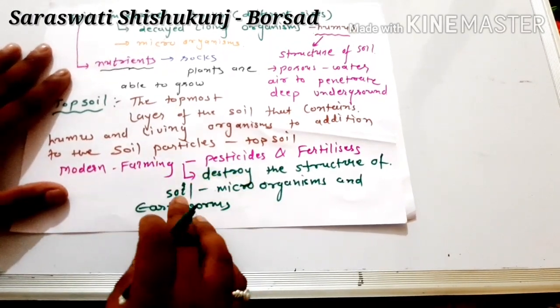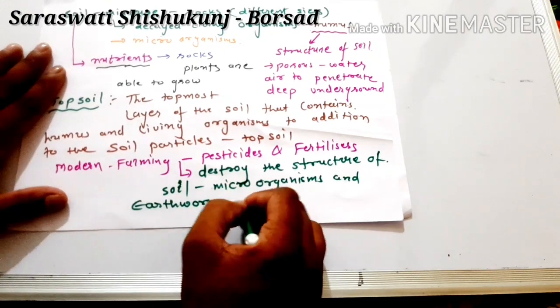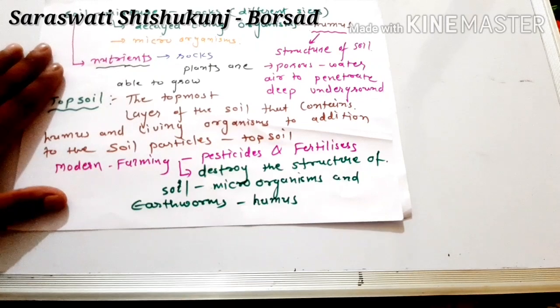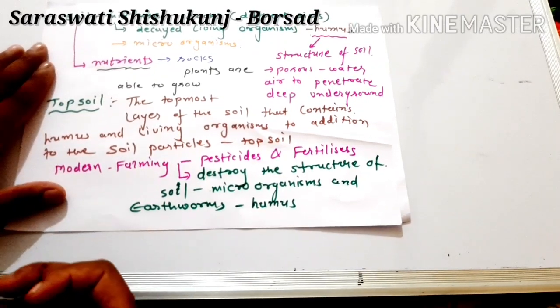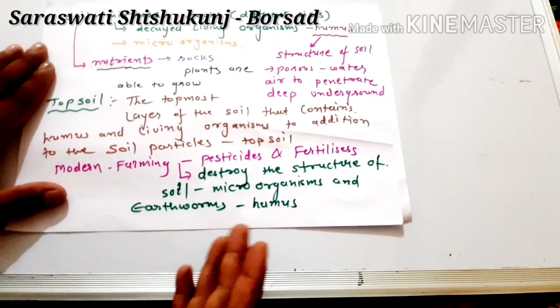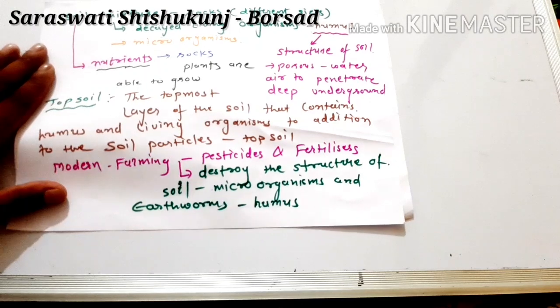Some microorganisms and organisms like earthworms make our land and the quality of our soil, so as they are affected, the quality of soil will also be affected.